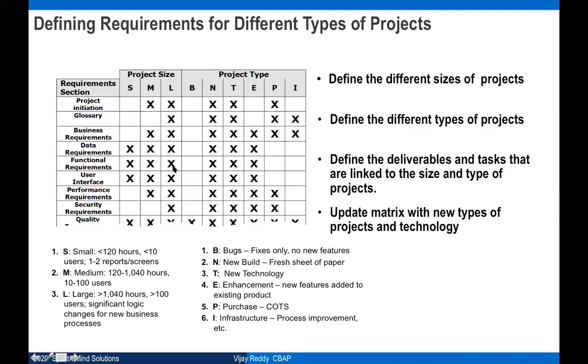For large projects, all these requirement sections are mandatory. Again, there are different types, like a bug fixing project, where nothing is mandatory. Or new build or new version release projects, new technology projects, enhancement projects, purchasing of commercial off-the-shelf software or infrastructure related projects, you should add these sections into your requirements documents.